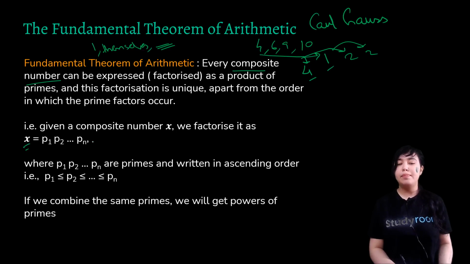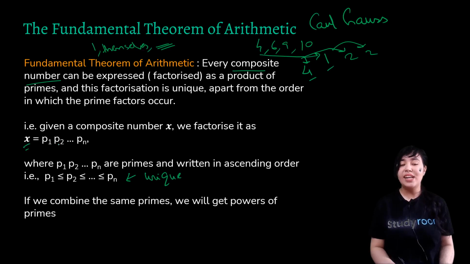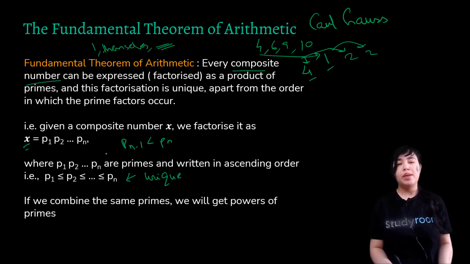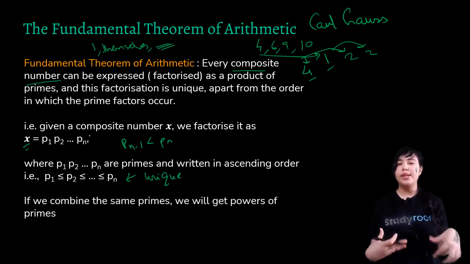All of them are prime numbers, and they have to be written in ascending order for the order to be unique, which means P1 has to be less than P2, and further on Pn minus 1 should be less than Pn. These prime numbers are not necessarily distinct, which means that some of them can be equal as well, like P1 and P2 can be equal.